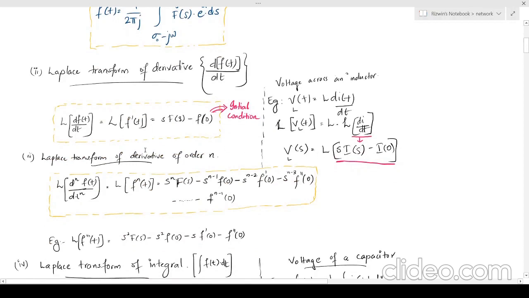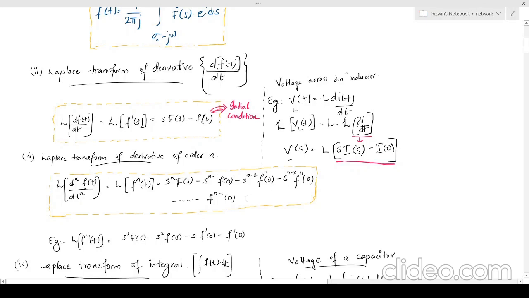Okay, fine. Now if the derivative is of order n, the Laplace transform of d raised to n f(t) by dt raised to n is given by s raised to n F(s) minus s raised to n minus 1 f(0) minus s raised to n minus 2 f dash of 0, and it goes on until the power of the s variable turns to be 0, that is 1.